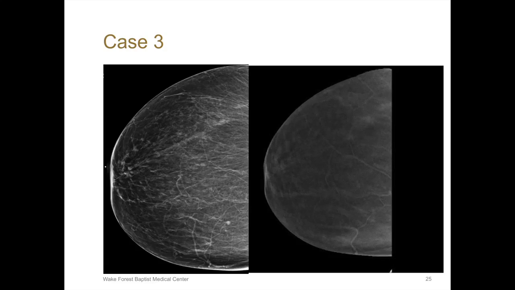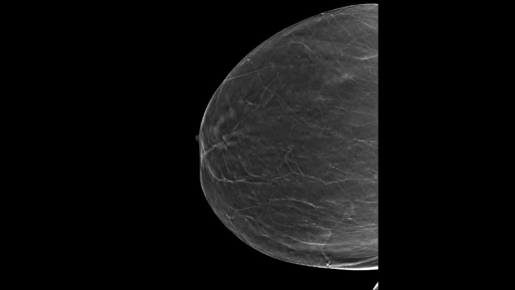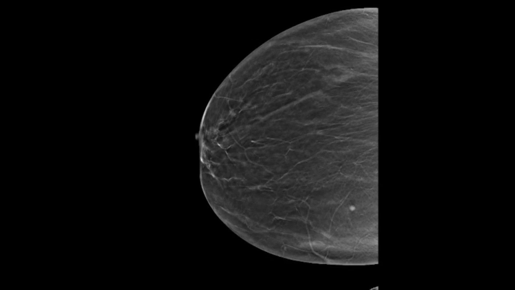And we'll go through one more example here. This is a screening patient, and just to point out, this patient does not have dense breast tissue. A screening patient, no abnormality on 2D mammogram, nothing apparent. And then on the 3D mammogram, I'll draw your attention to this area here, and you start to see all these wispy lines. This is architectural distortion.